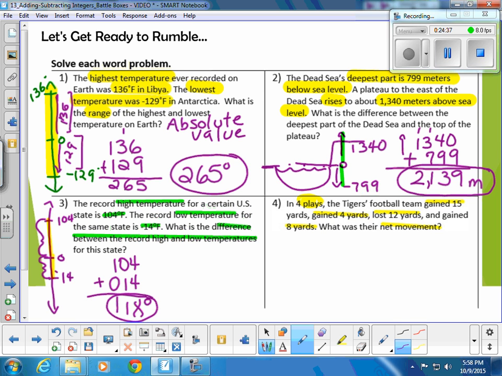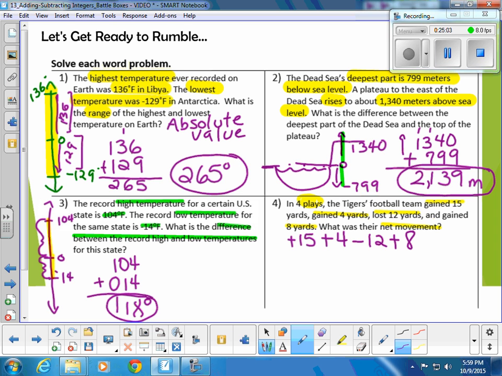So let's rewrite each of these as an integer. Gained 15 is a positive, so we're going to put plus 15. Gained 4 yards is also a positive integer, so we're going to put plus 4. Lost 12 is a negative integer, so we're going to put negative 12, which is the same as subtracting 12. And gained 8 yards is a positive, so we're going to write positive 8.